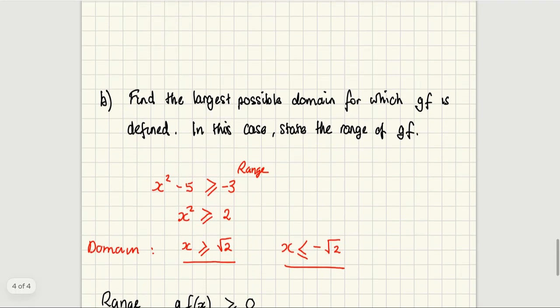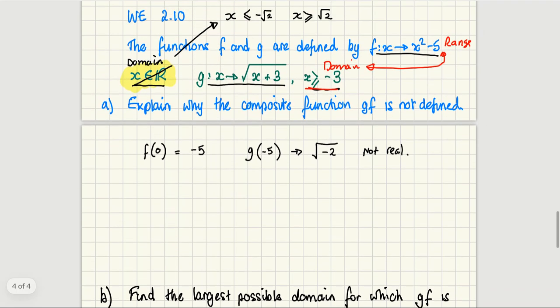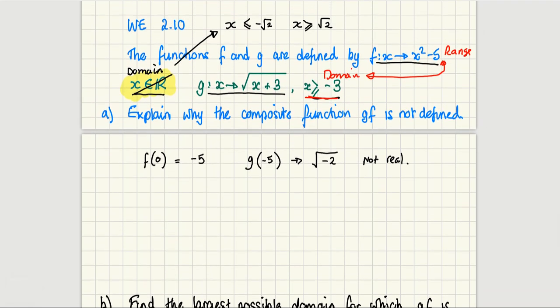Because when we were looking at this, anything that made this negative was a problem, but anything 0 and above was going to be fine. So the square root of 0 is the smallest value we're going to have, which is 0. I'm going to have an x value that makes this no smaller than 0, right? Otherwise it becomes a problem.